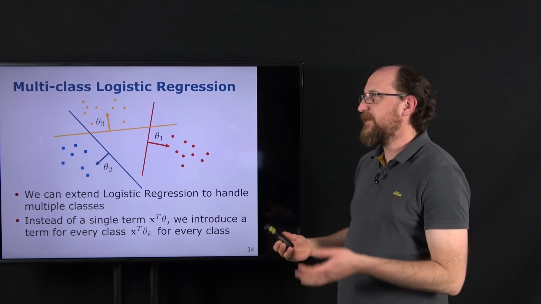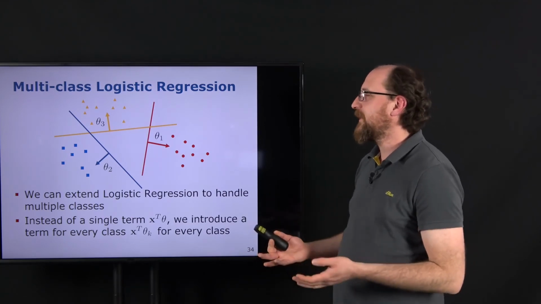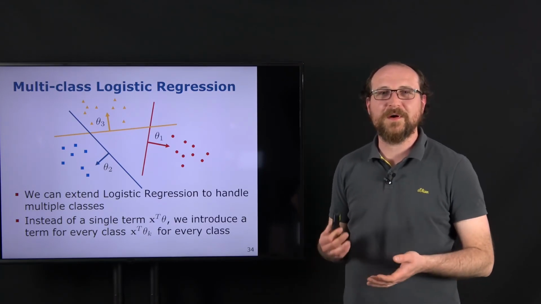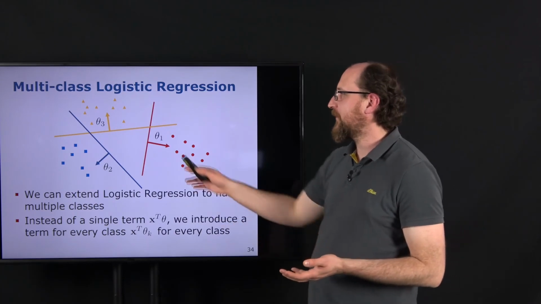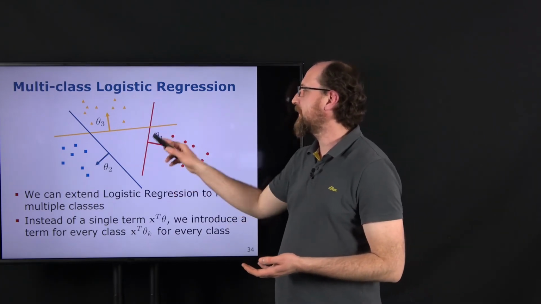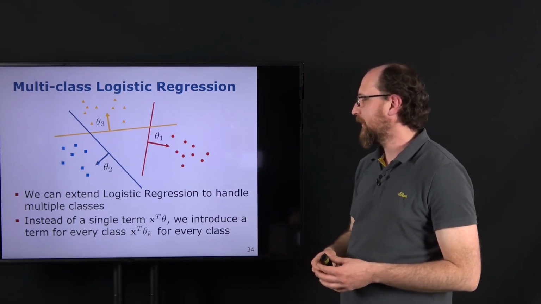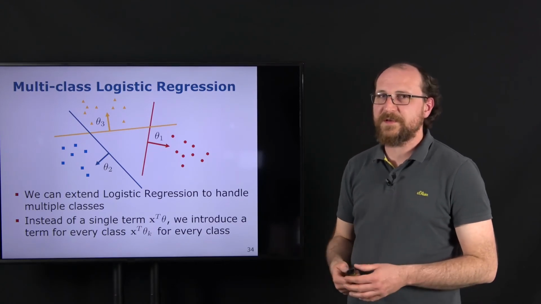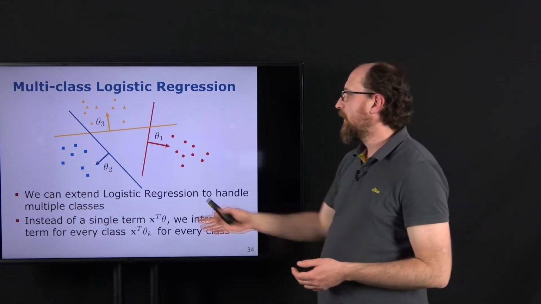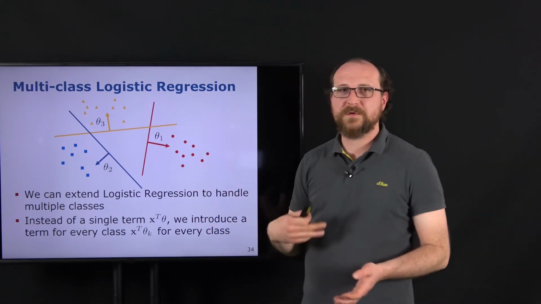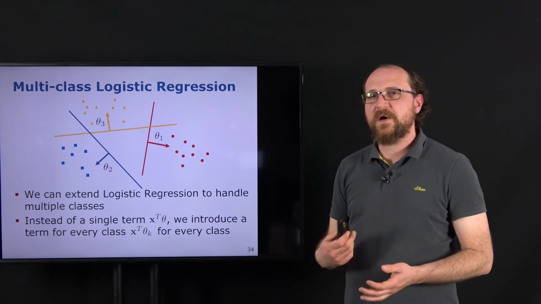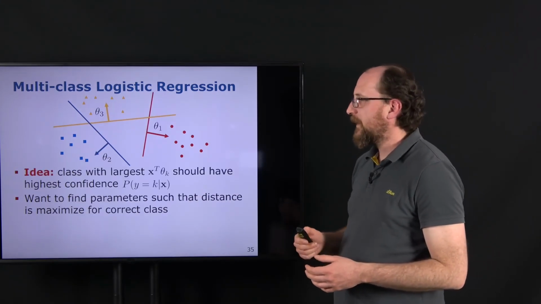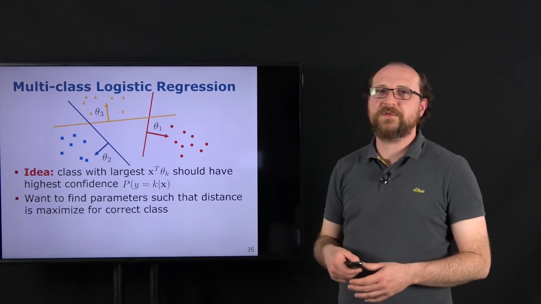So the difference now to the logistic regression is basically that we have now a theta parameter for each class. In this case we have a 3-class problem, so we have basically 3 thetas in the end. And by then using the same idea, that the distance to this plane should encode the probability, we have to now figure out a way how to use this to our advantage.